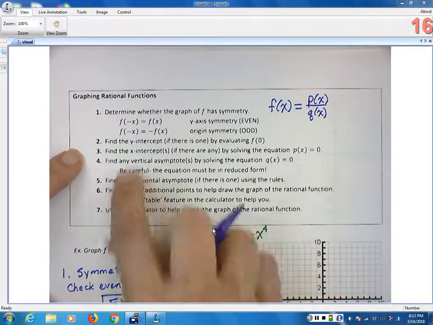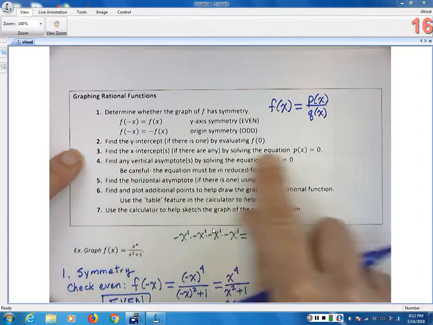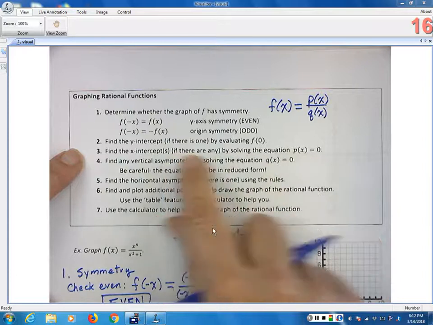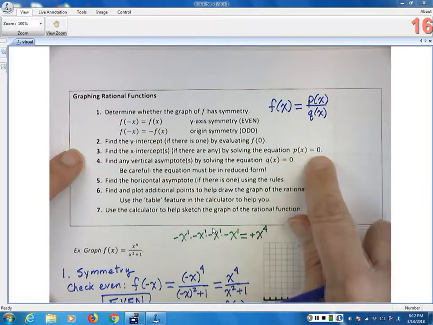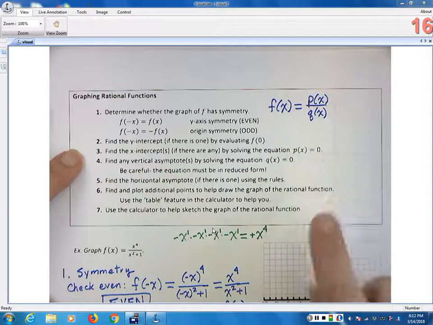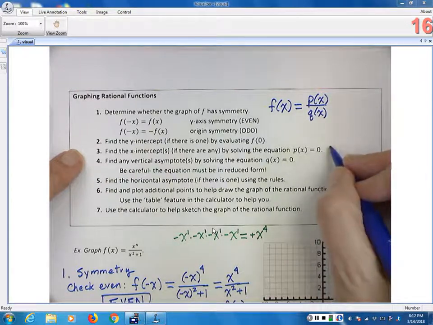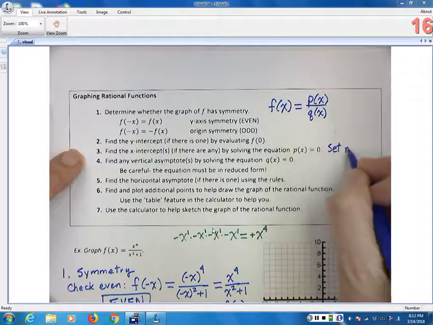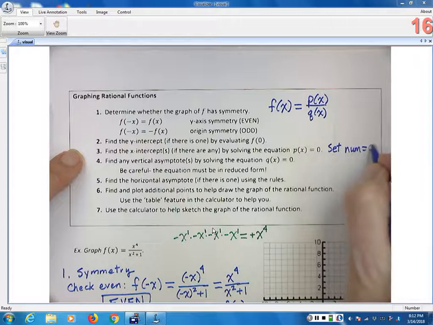So actually your x-intercepts can be found by solving the equation p of x equal to 0. The numerator, you can just set the numerator to 0.